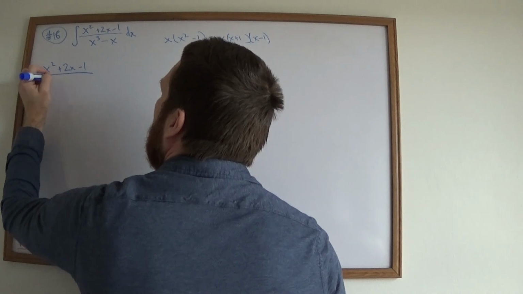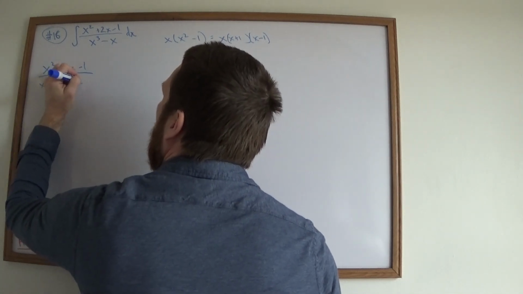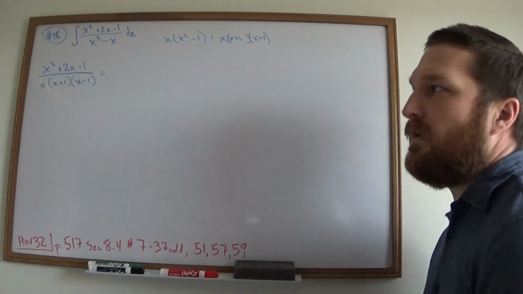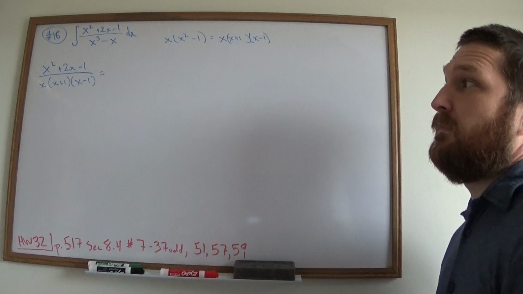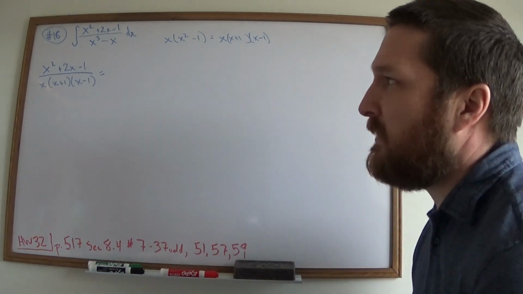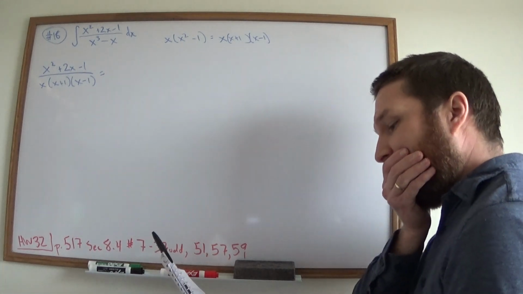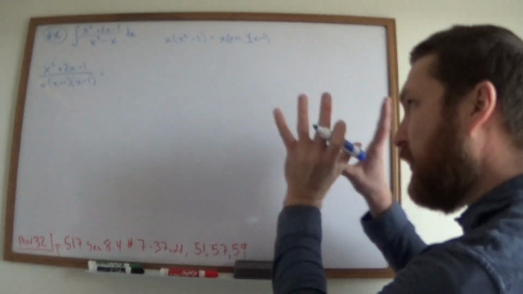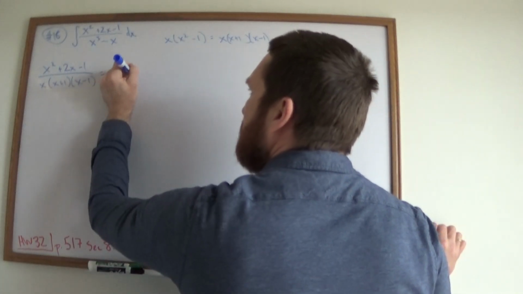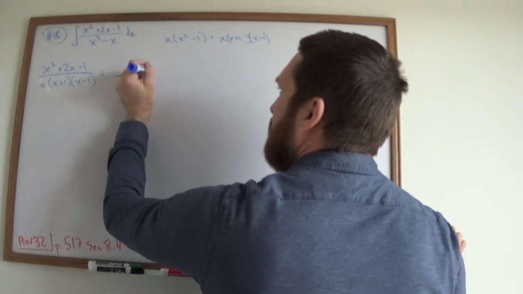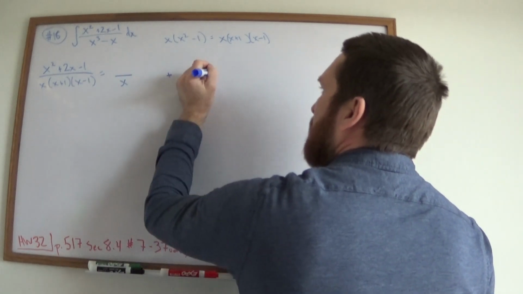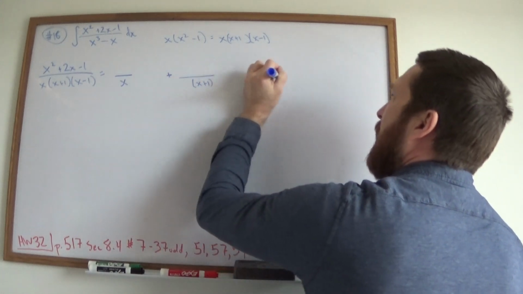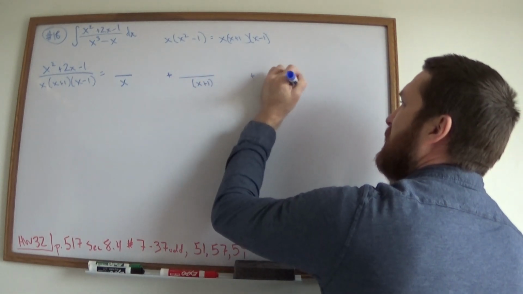Okay, so I'm going to go ahead and factor the bottom: x, x plus 1, x minus 1. Notice, distinct linear factors. They're all different, and they're all linear. There's no squares in there, there's no quadratics. Then what we do is we're just going to rewrite this. What I want is some fraction involving x, some fraction involving x plus 1, and some fraction involving x minus 1.